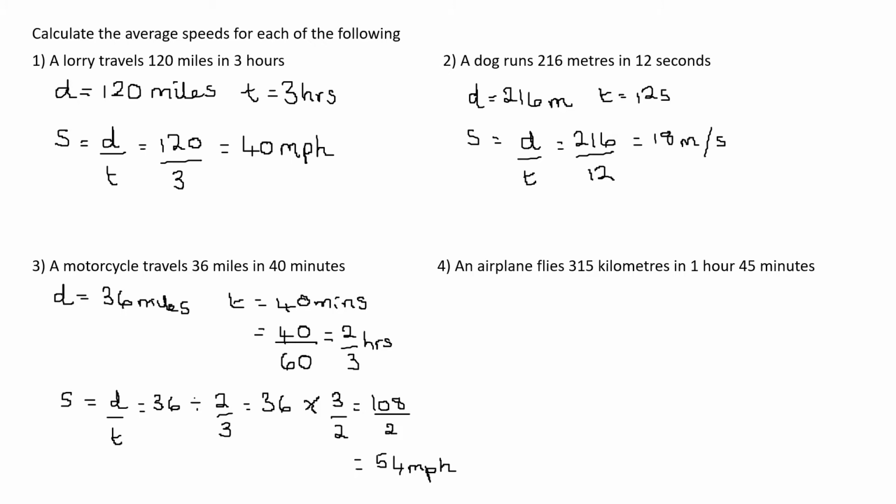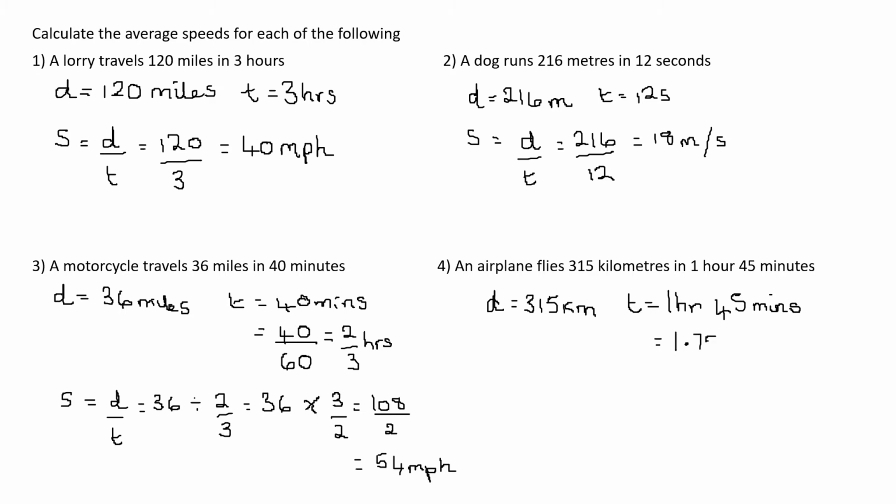And question 4. An airplane flies 315 kilometres in 1 hour, 45 minutes. So again, our distance is 315 kilometres. Our time is 1 hour, 45 minutes. So let's change that into a decimal. 45 minutes is 3/4 of an hour, and 3/4 as a decimal is 0.75.